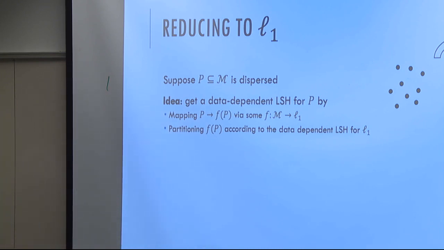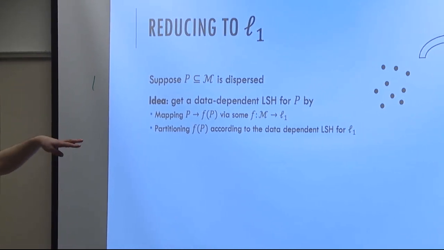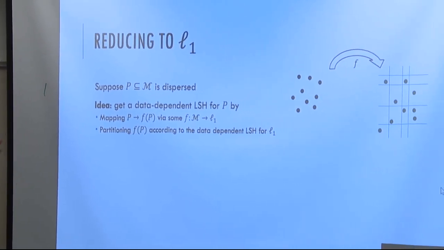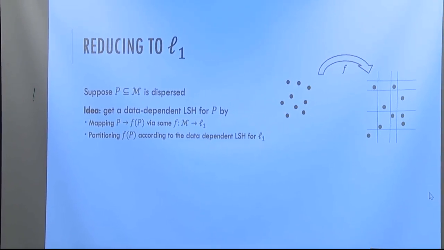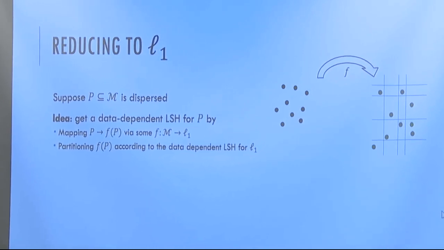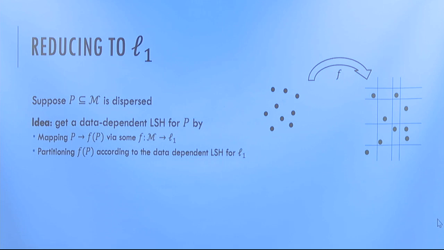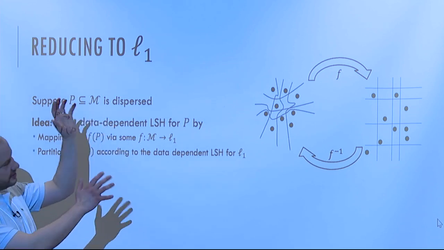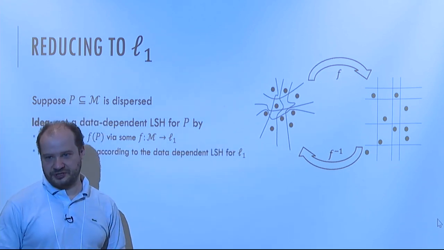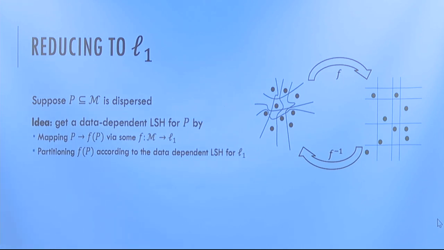and then using the L1 data-dependent LSH on f of P. So we take our points P, embed them into L1, and apply the regular LSH random grid construction after mapping to L1. And then I see how that partitions the original point set. So in a way, I'm thinking about the inverse of this embedding, which looks like some funny partition in the original space, but it's really implied by the embedding plus how I partition things in L1.